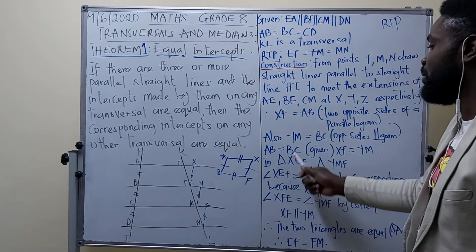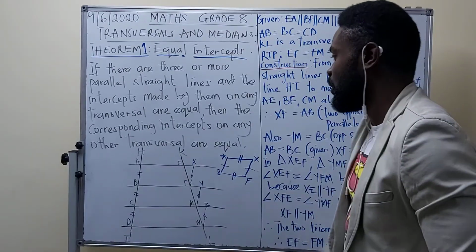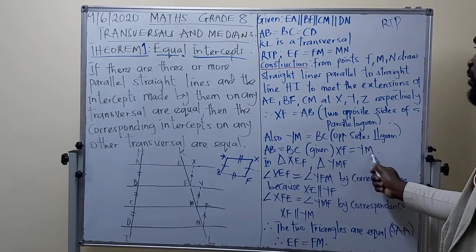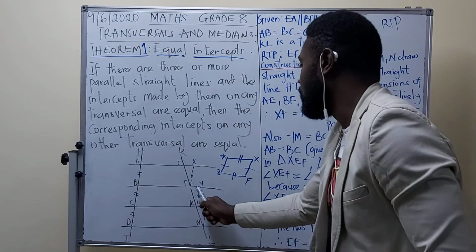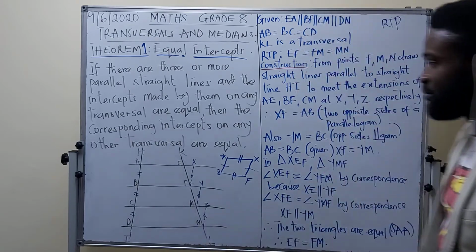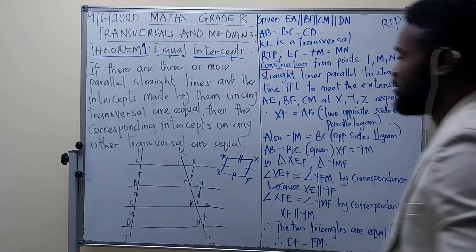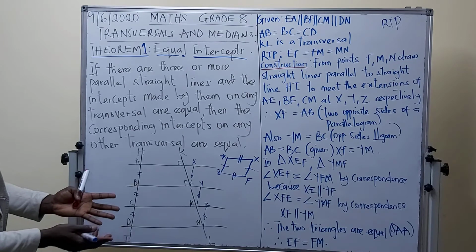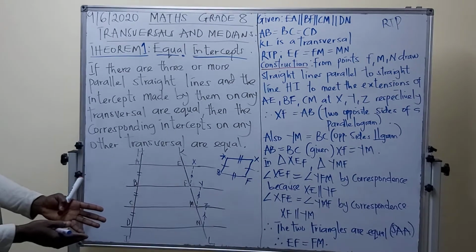AB equals BC. Where is AB? This is AB, and this is BC. That is given already. And XF equals YM. XF equals what? YM. Why? Because they are both opposite sides of a parallelogram cut by different transversals.